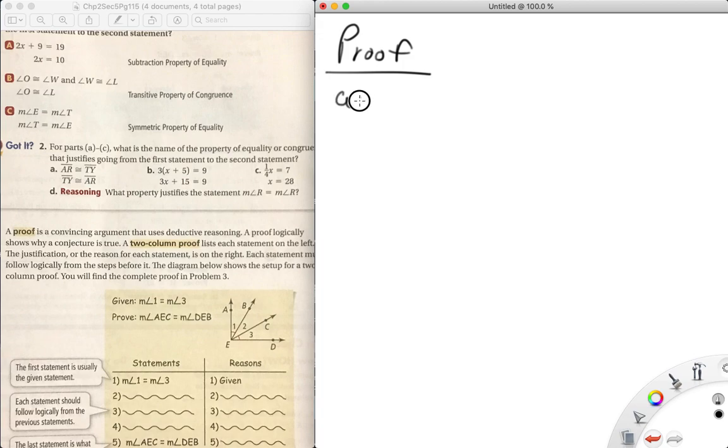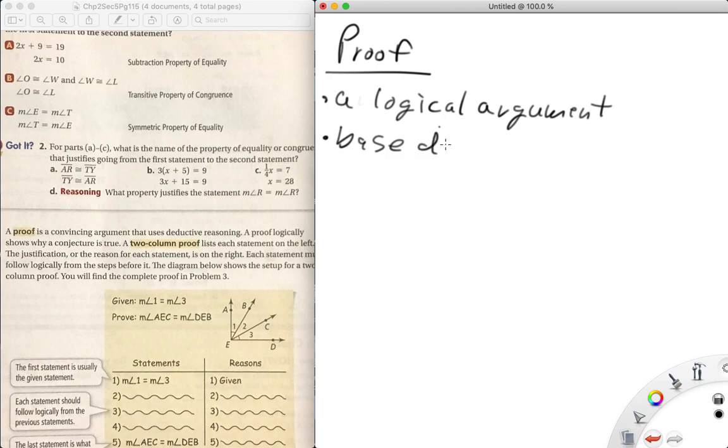I'm going to say a logical argument based on deductive reasoning. We already talked about what deductive reasoning is, using facts and rules and justifications to make our argument.